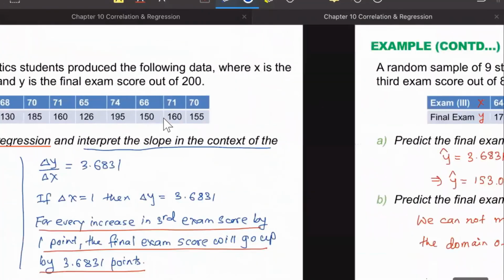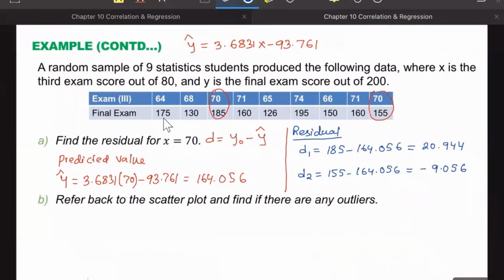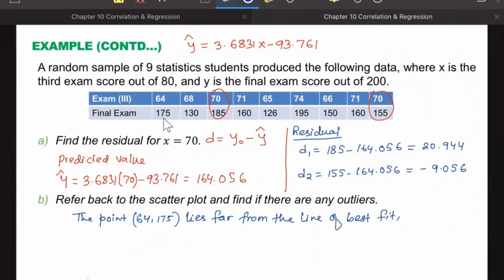So our answer will be, let's write that: the point 64, 175 lies far from the line of best fit, so it is an outlier.